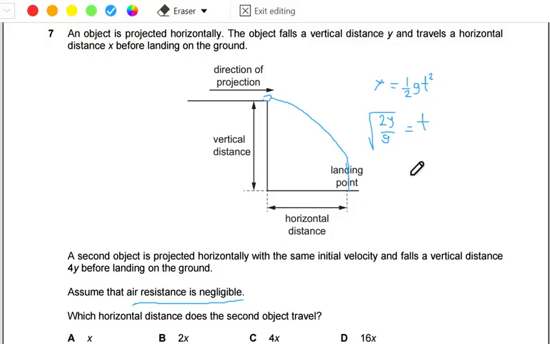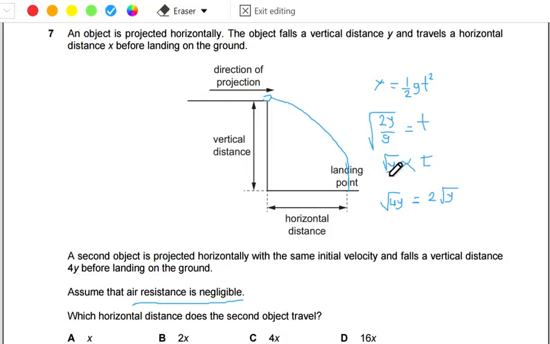So if we have for the second object the distance is 4y, we expect that this gives us a double of time, because this can be written as 2 square root of y.